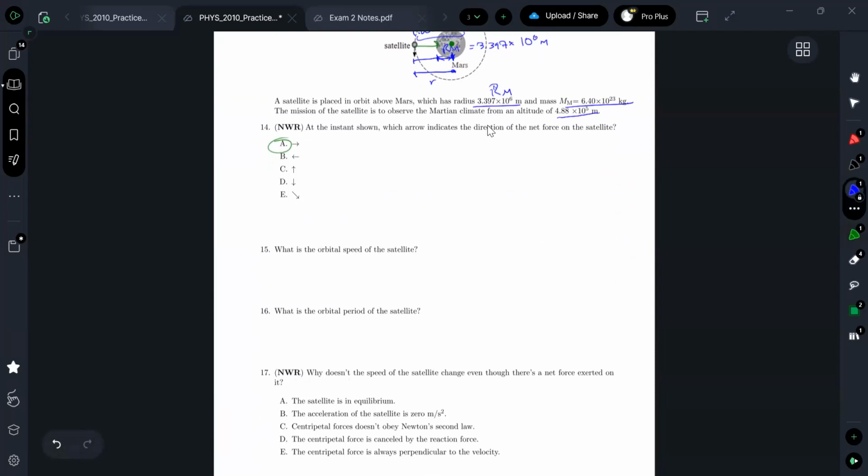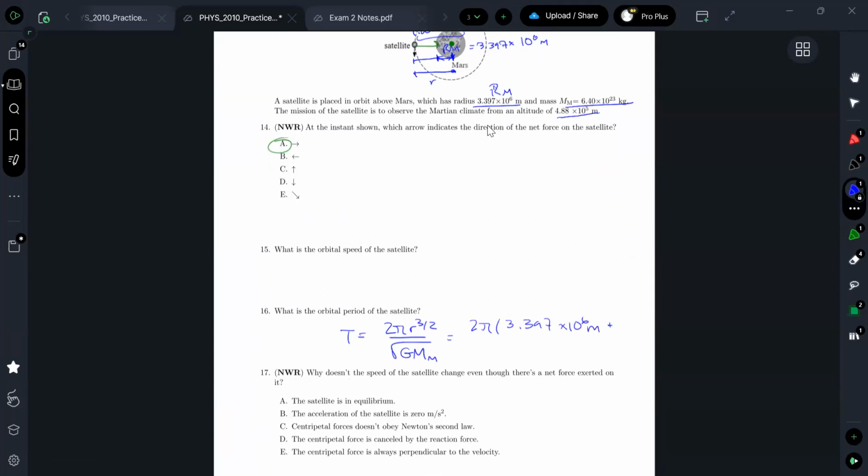For 16, I did mention PHYS is not super critical for this, but there is this formula that's on the sheet up above. We just replace the mass with the mass of Mars, and remember that this radius R is not just the altitude, but that along with the Mars radius.